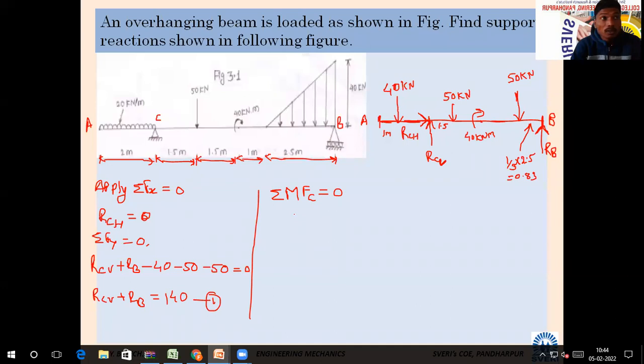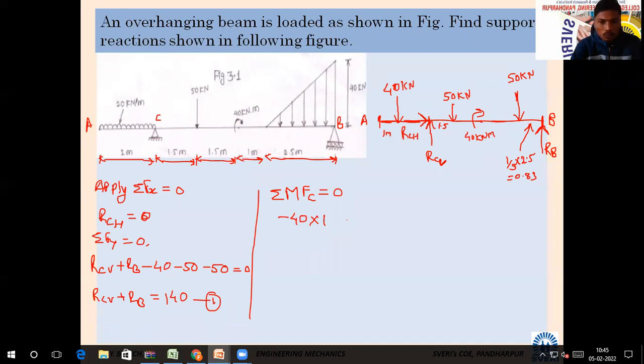Then anti-clockwise moment is negative. Negative 40 into, what is the distance of that force from point C? How much? 1 meter.